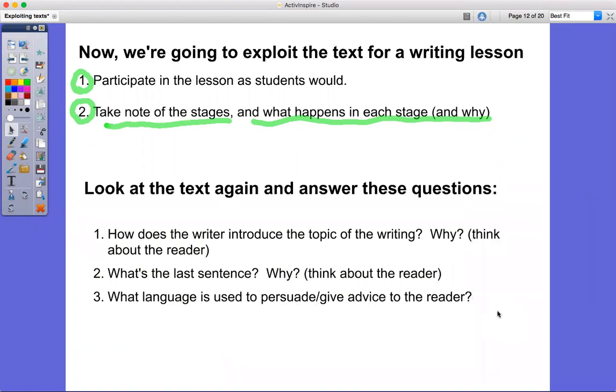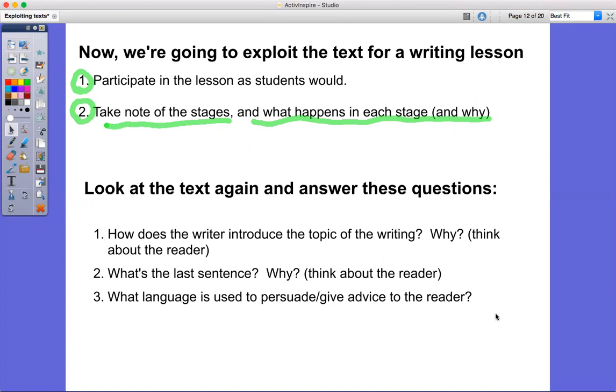So this is called your text analysis stage, your model text analysis stage. And this is where the teachers go into the text and analyze it for writing purposes. Okay, they do this alone, pair check, and then your feedback.